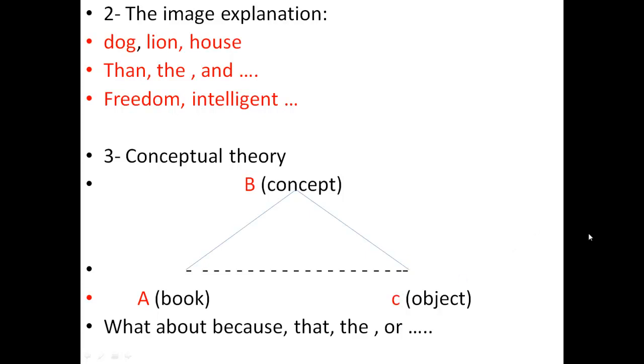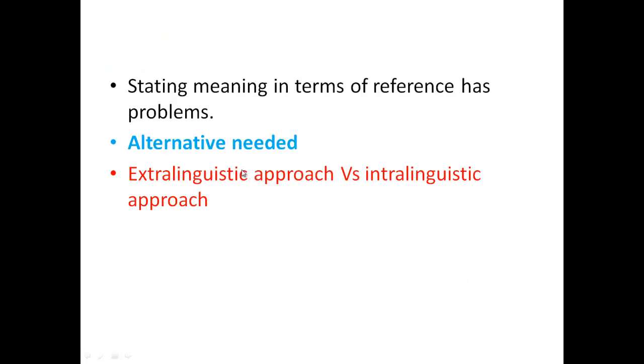So all of them exist in what we call the extralinguistic approach, as opposed to the intralinguistic approach, the one that we're going to see later on. This is the one that is going to give us the sense of words. So stating meaning in terms of reference has problems at the level of reference, image, and concepts. And what is the alternative?